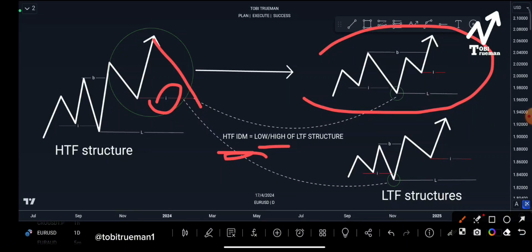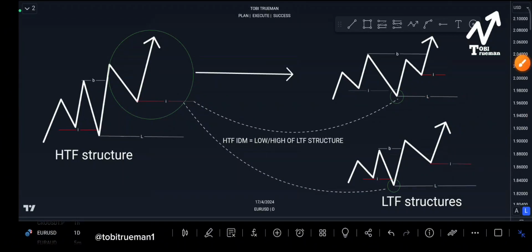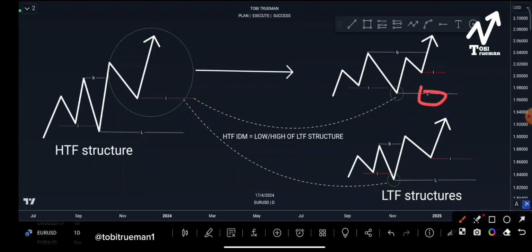This is the low point of lower time frame structure. So our higher time frame inducement automatically becomes the low of lower time frame structure. That is not confusing, abi? Yeah, higher time frame inducement.